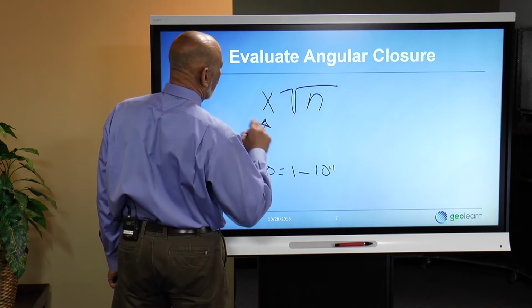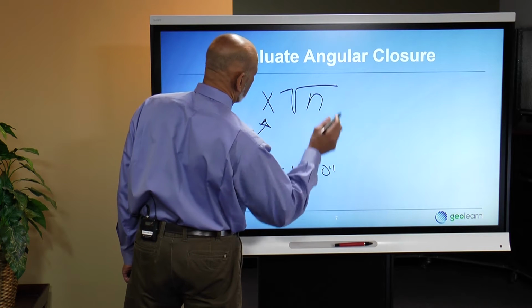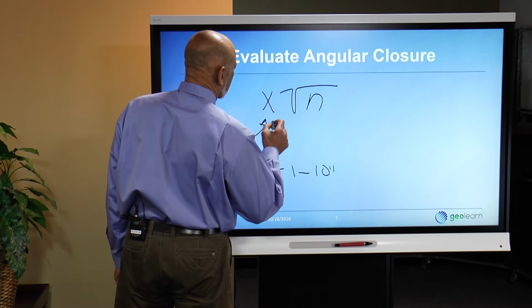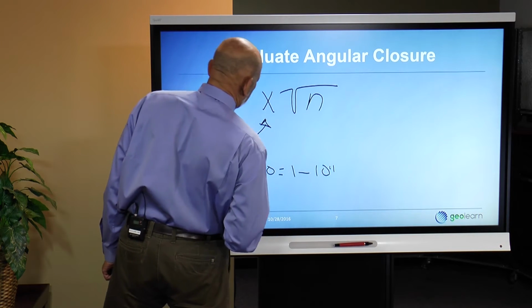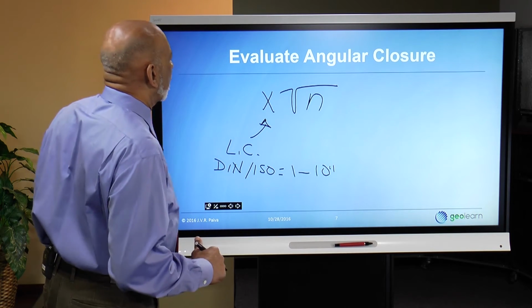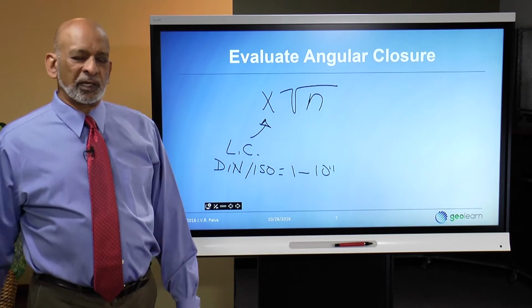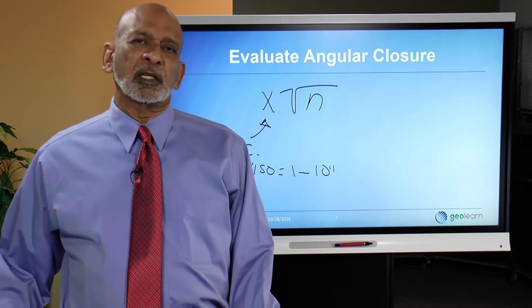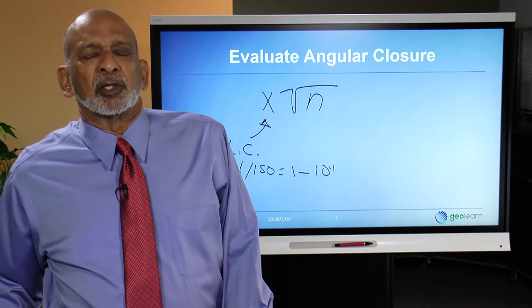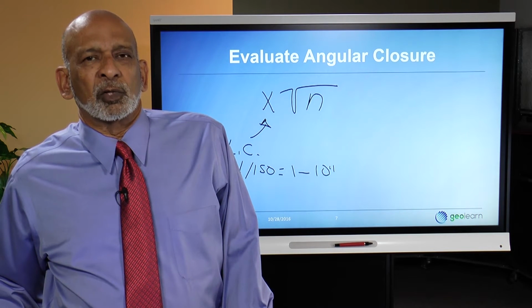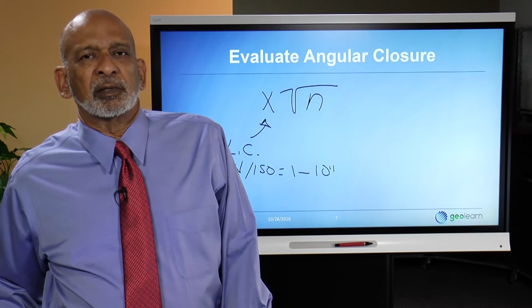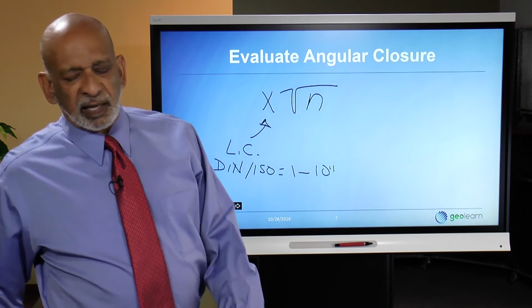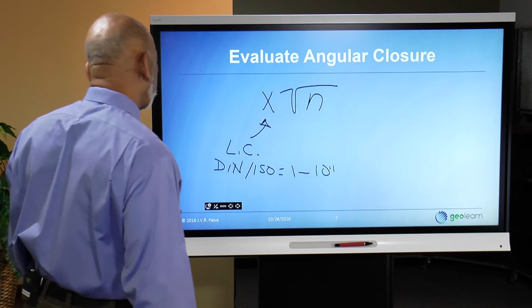Once you get really good with your instrumentation, I'll start having you use 10 seconds for x. But it's not uncommon for students to take that 10 seconds and multiply it by 2 or 3 just to cut themselves a little more slack, although most professional surveyors would never find that very acceptable.